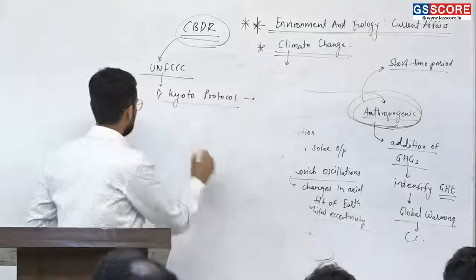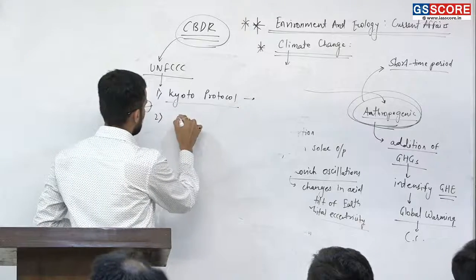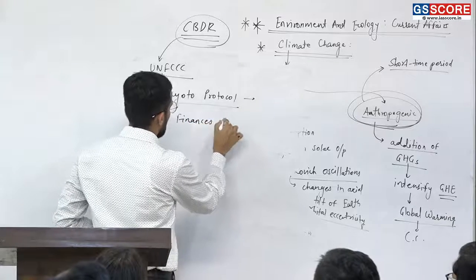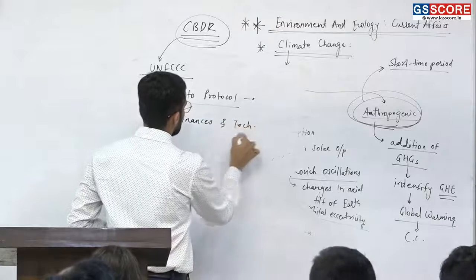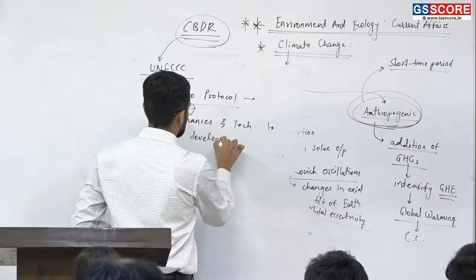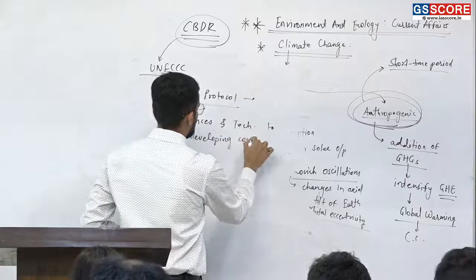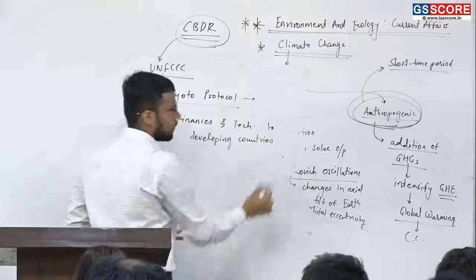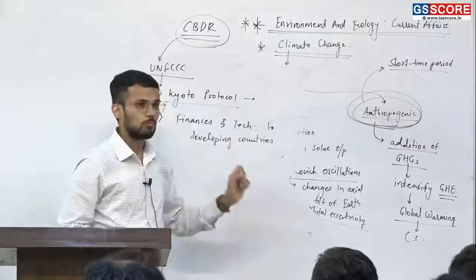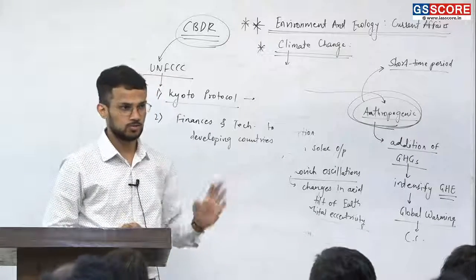Secondly, developed countries have the responsibility to transfer finances and technology to developing countries. So that is also an example of common but differentiated responsibility.